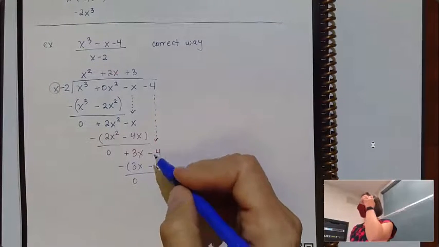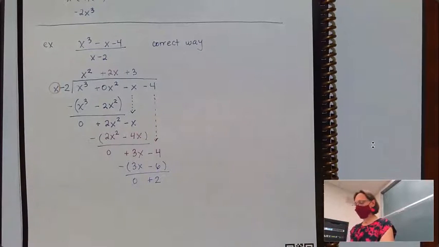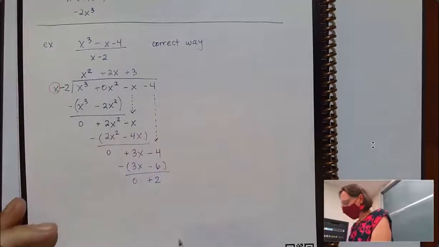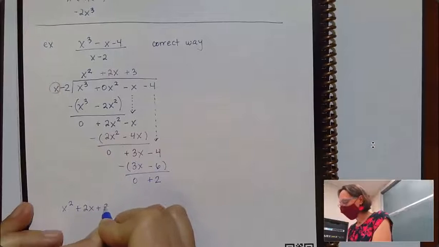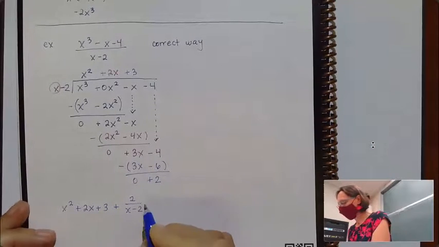So -4 plus positive 6 gives me a +2. And I'm going to write that final answer as x squared plus 2x plus 3 plus 2 divided by x minus 2.